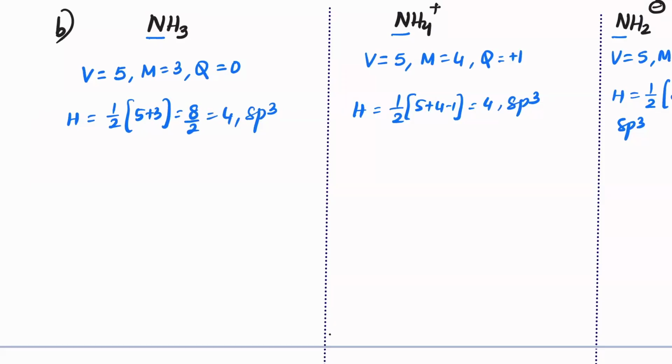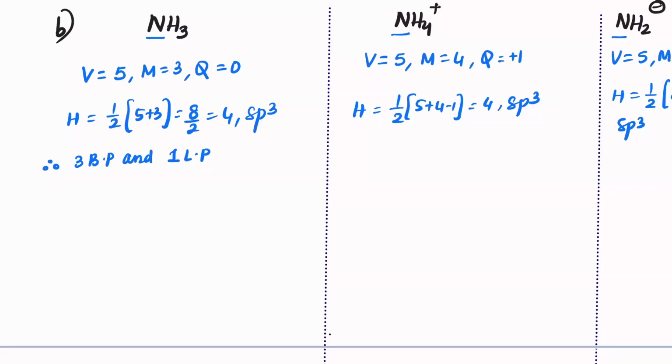But there are only 3 monovalent elements, which means 3 were used for bonding, and 1 would be a hybridized orbital but with a lone pair. So remember that you just need to check this versus this difference. Therefore 3 bond pairs we have and 1 lone pair we have.